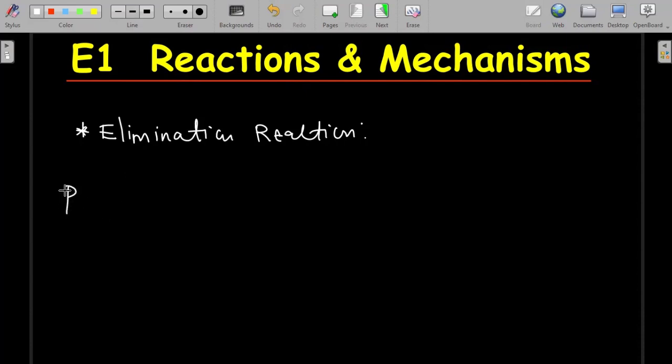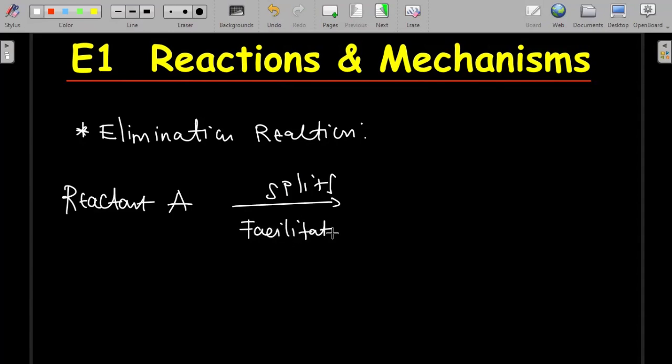So for example, if I have reactant A here, then this reactant splits, of course, with the help of a facilitating reagent.